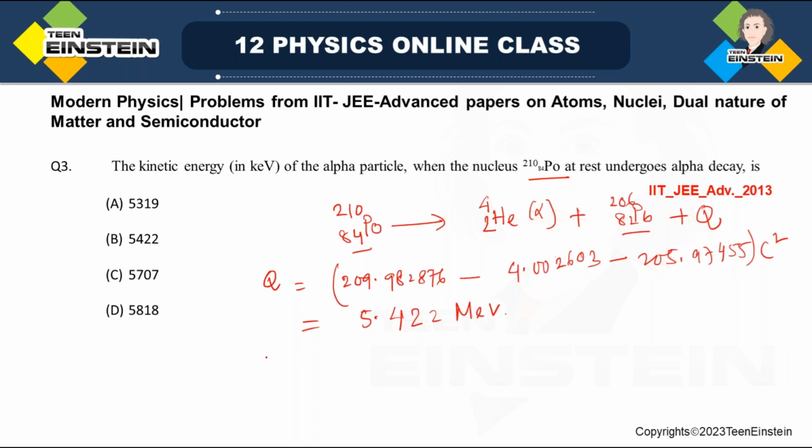Now see, as I said, the Q value will be manifested in terms of the kinetic energy of the alpha particle and the kinetic energy of the lead. Say K2 is for lead. So this is another point to be noted.